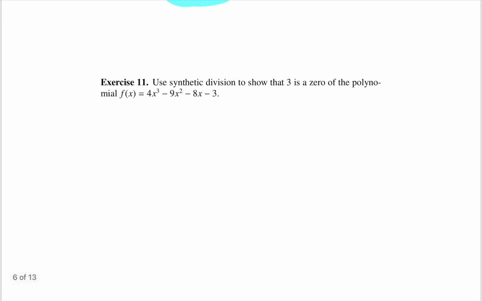All right, the last problem is to use synthetic division to show that 3 is a 0 of the polynomial. Well, in order to show that 3 is a 0, that means that the remainder has to be 0 when you do synthetic division. So that becomes your c. So 3 goes in the upper left box. The coefficients are going to be 4, -9, -8, and -3.